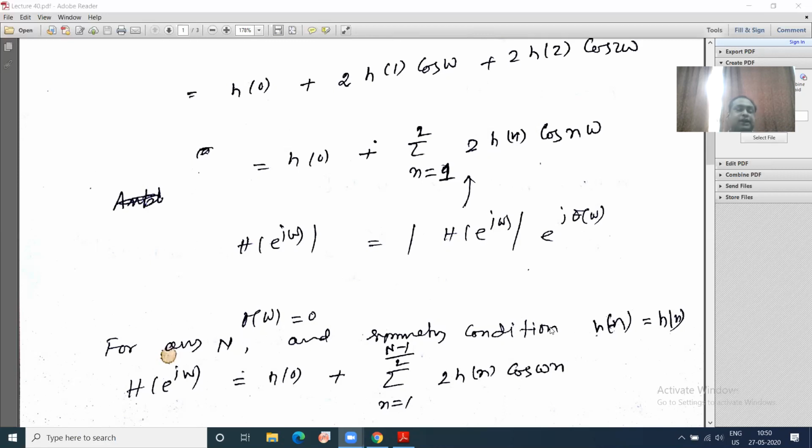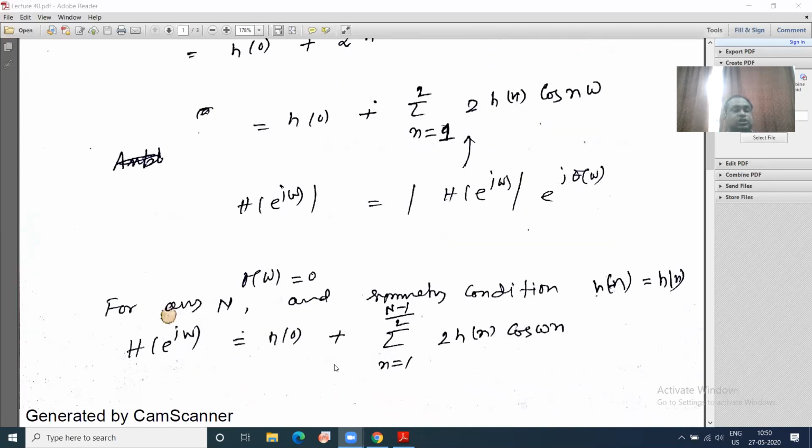Okay. Now, this is the example that I have given for N equal to 5, which is a specific value. For any other odd value, if we consider the symmetry condition h of minus n equal to hn, symmetry about the origin, then in general the expression will be h0 plus summation n equal to 1 to (N minus 1) by 2 of 2 times hn cos of omega n.